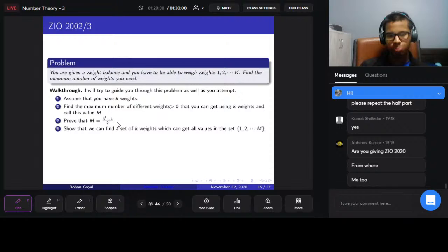Or find some nice property about this number. Any ideas?